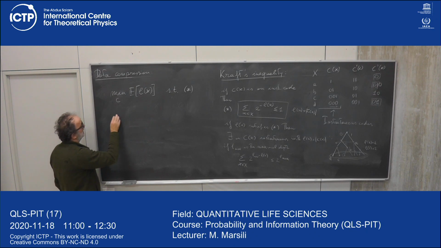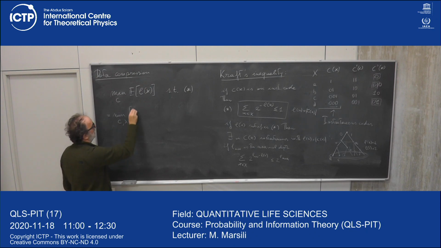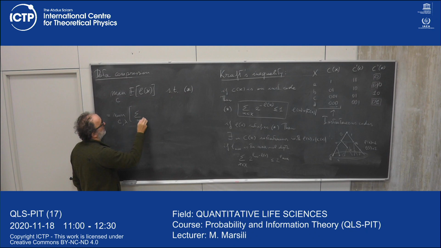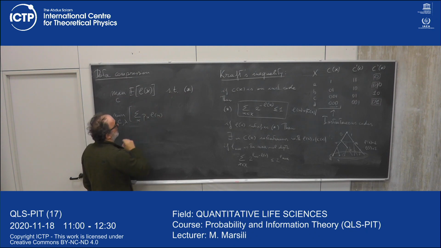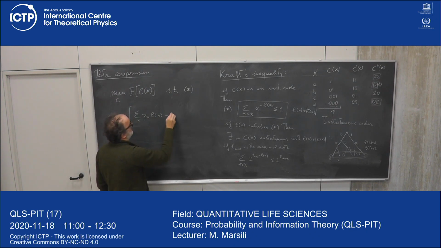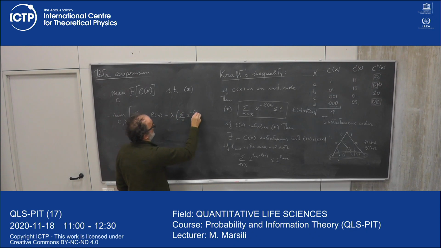Well, we rewrite this as a minimum, with Lagrange multiplier, over C and over lambda of the expected value of the length minus lambda times Kraft inequality, which is 2 to the minus L of x minus 1.